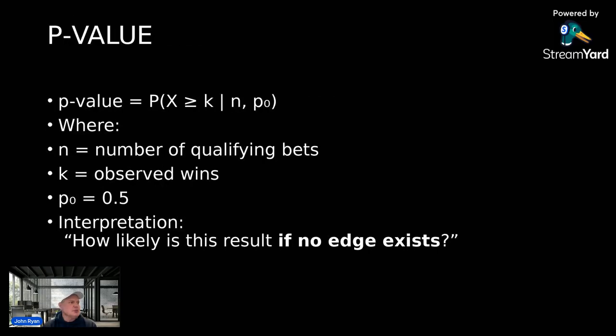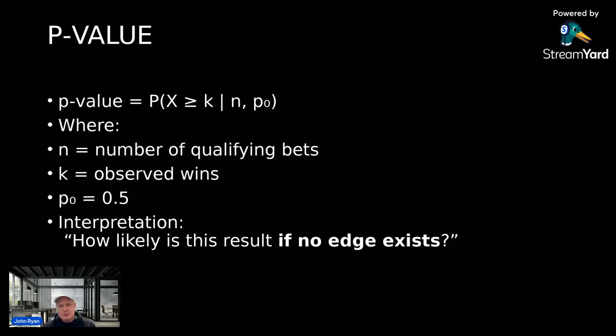The p-value is the most important statistical measure I use in evaluating algorithms and if they're going to make us money. And that's the most important thing. It will have losing streaks, but over time, does this thing make money consistently year after year after year? So the p-value answers one question: if there is no edge, how surprising is the result we observed?